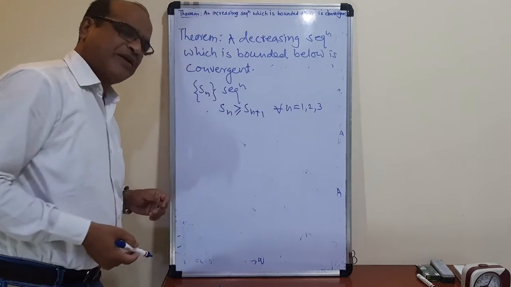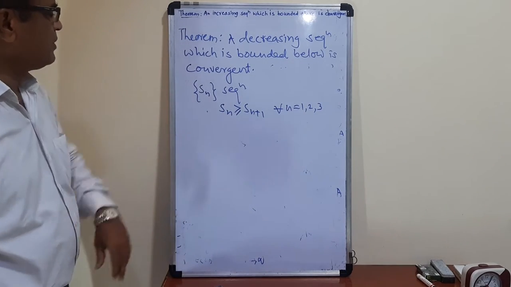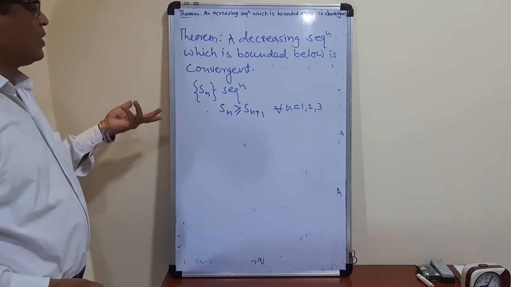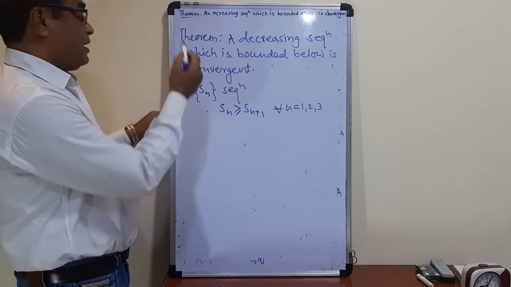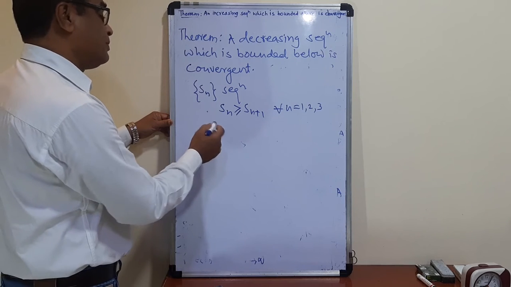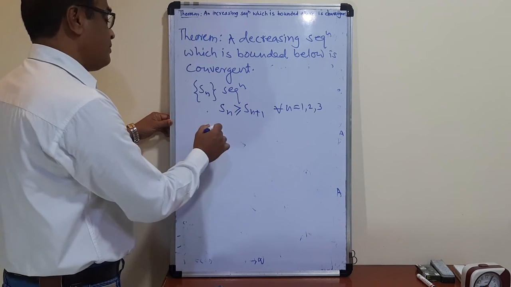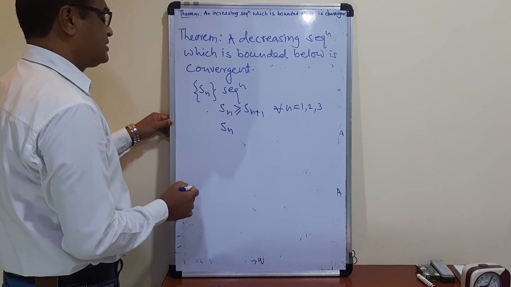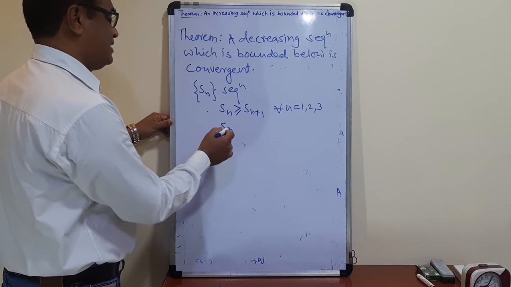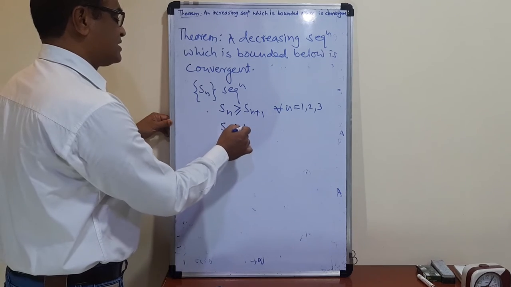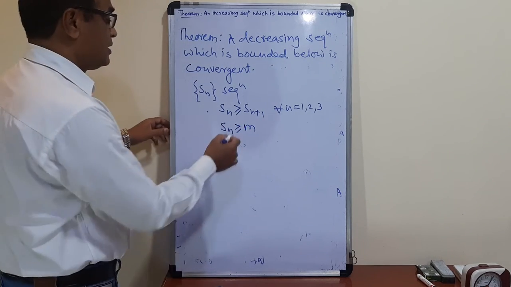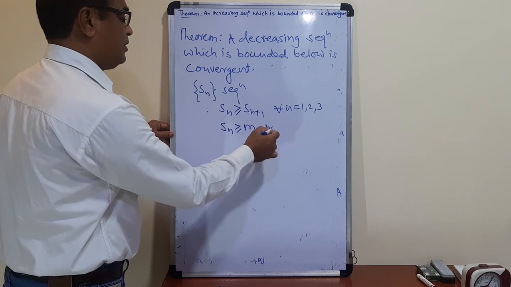So this is the definition of the decreasing sequence. And if the sequence Sn is bounded below, it means Sn is greater than or equal to some small m. So m is a lower bound, then the sequence is bounded below.